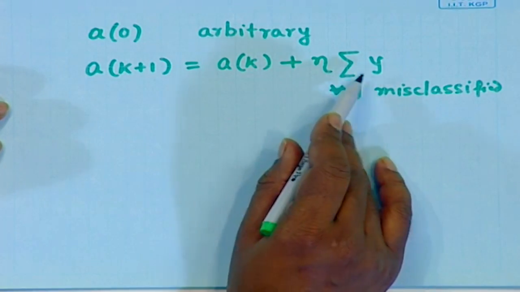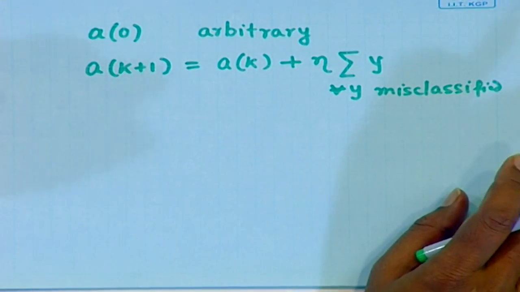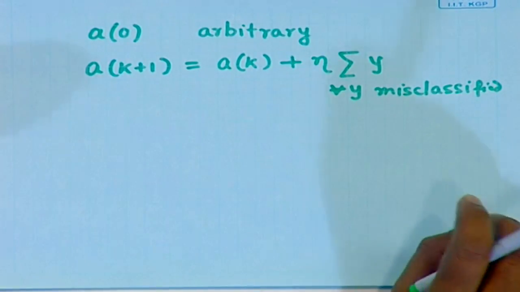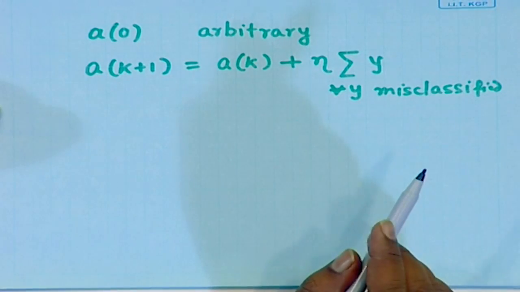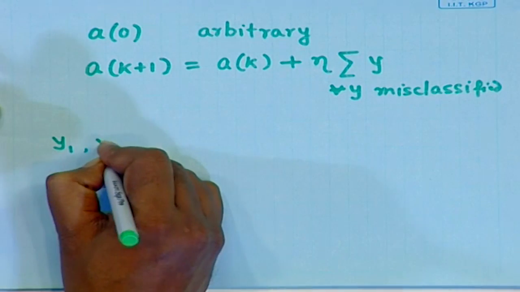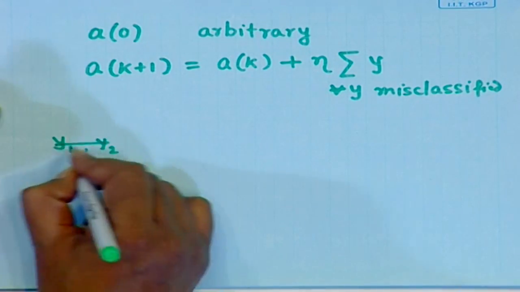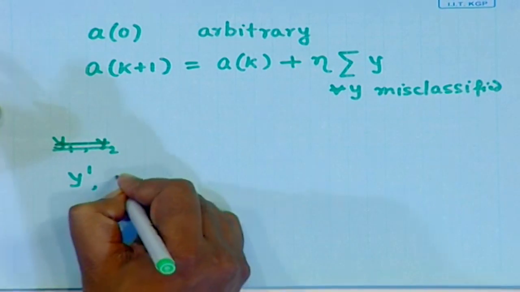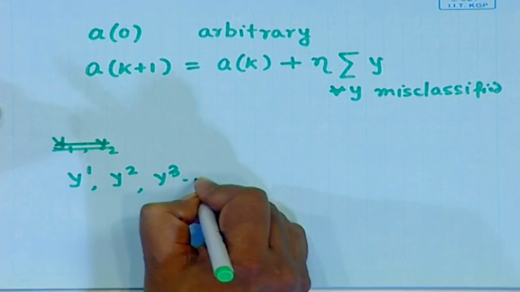So, instead of considering all the samples together, I can consider sample by sample. That means, I can have a sequential version of this particular step. So, I have samples Y1, Y2, Y3, and it continues.